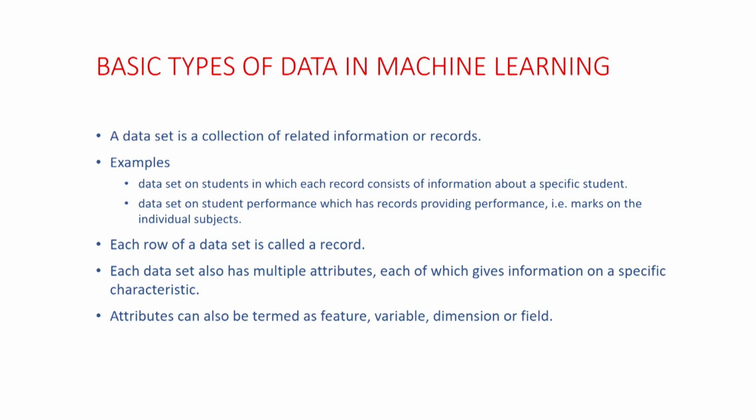In this particular case, each row corresponds to a student or a student performance, while a column corresponds to a particular feature, that is also called an attribute, and it gives us a specific characteristic of the object of which we are having that record.